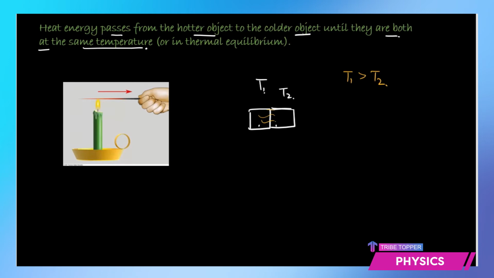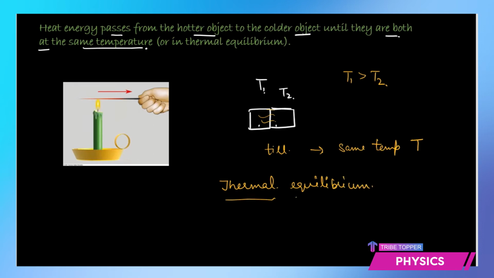The heat will keep flowing until both of them reach the same temperature. Let's say they both reach a final temperature T. At that point, when the temperature is the same for the two bodies in contact, we say thermal equilibrium has been reached, because equilibrium always refers to no more motion. So nothing will flow now. Heat flow will stop because they are in thermal equilibrium.